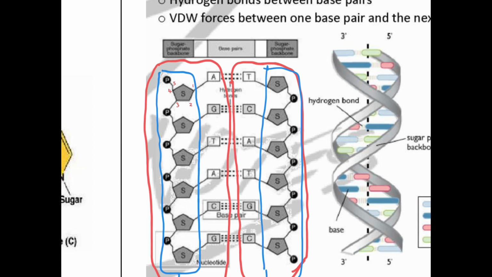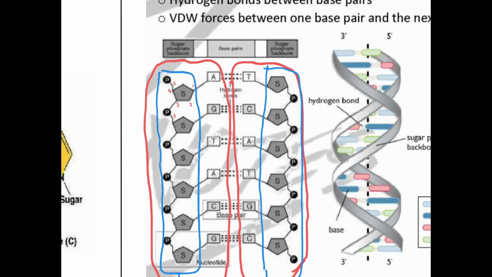That means you can see the phosphate group linked to carbon 3 and then linked to carbon 5. Carbon 5 of another pentose sugar. So you can see something like that. So phosphate linked to carbon 3 and phosphate linked to carbon number 5. So that is the idea.